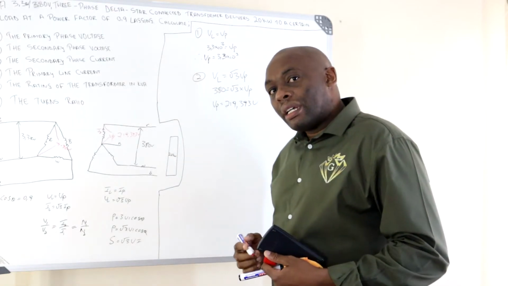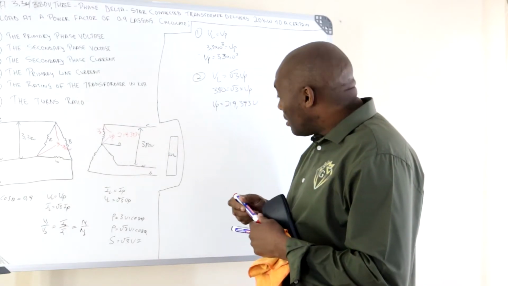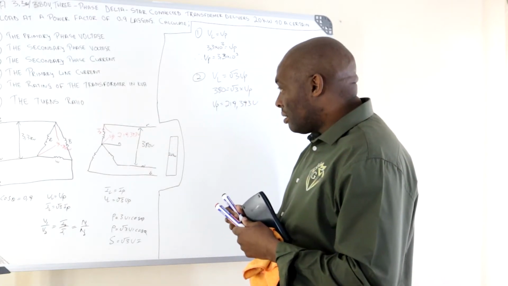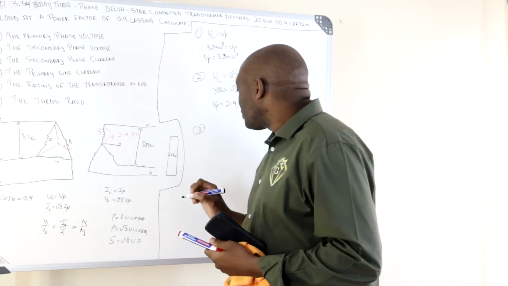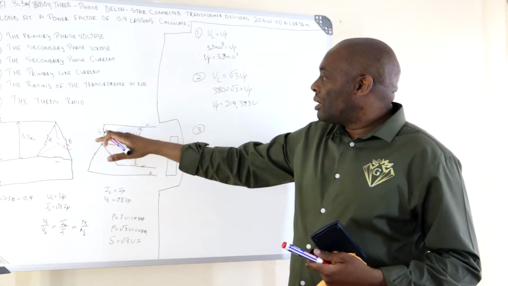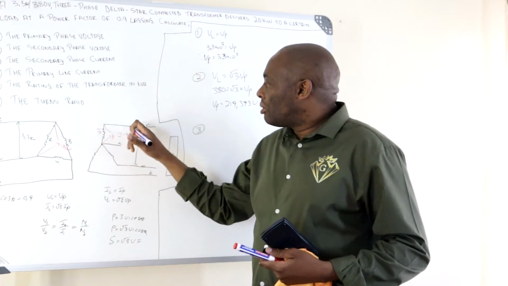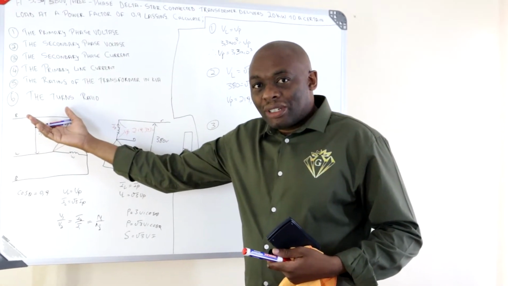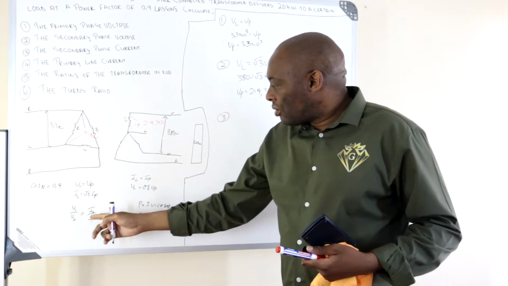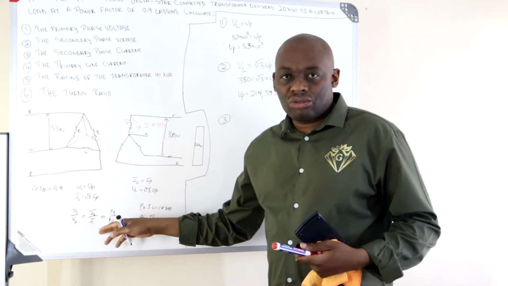Now let's apply the transformer formulas so that we can see if we can get the phase current. If we look here, we have the voltage, but we don't have the current. Even on this side, we don't have the current, whereby we could use this formula: V1 over V2 is equal to I2 over I1.